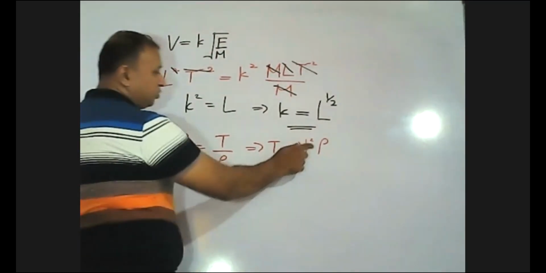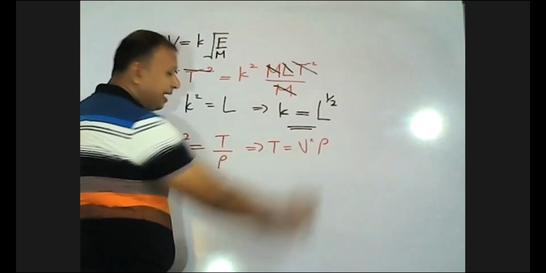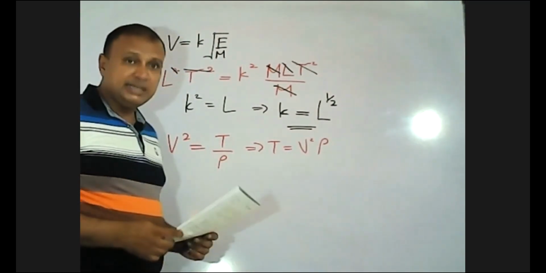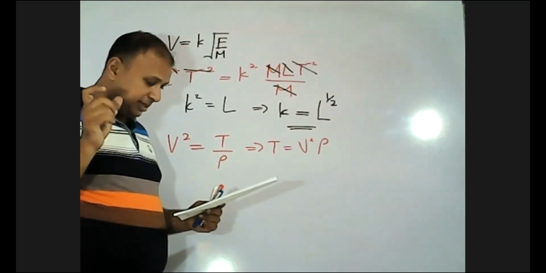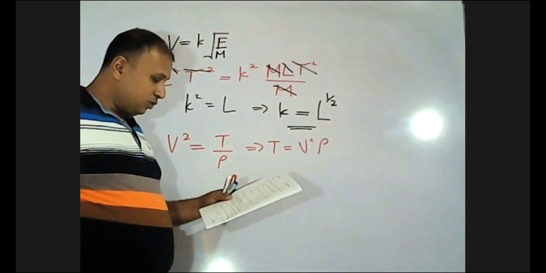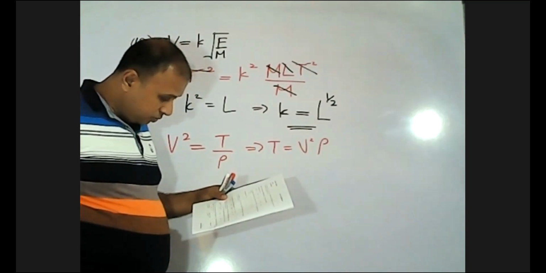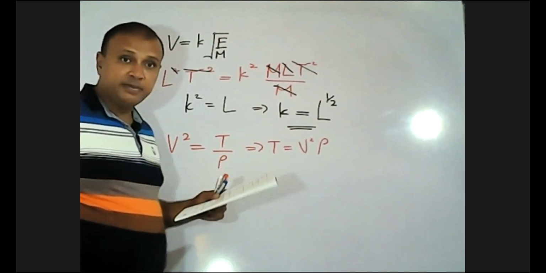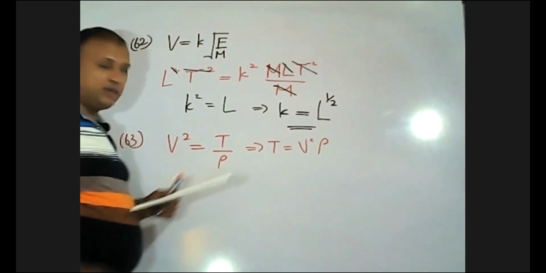Here, T minus 2. Rho doesn't have T. So the answer should contain T minus 2. There are 2 T minus 2's, no? So third answer, fourth answer, fifth answer.